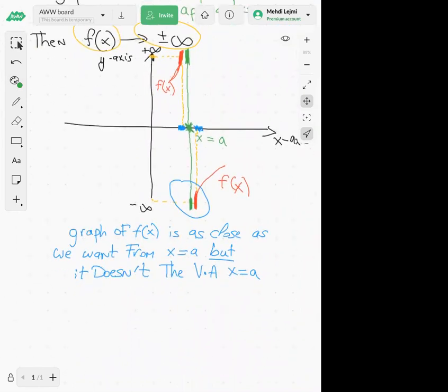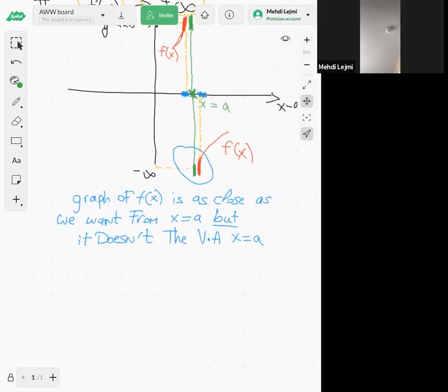Okay. Sure. So that's the idea of the vertical asymptote, guys. Now, what about the horizontal asymptote? Let me remind you the definition.